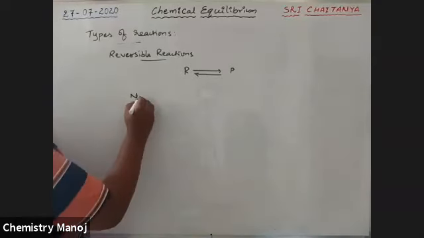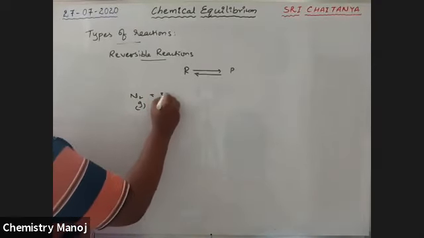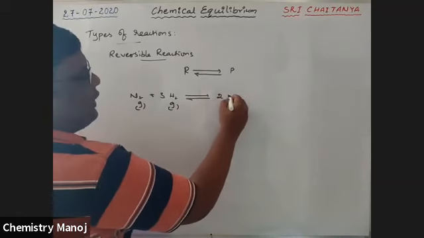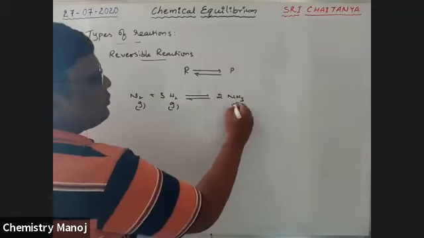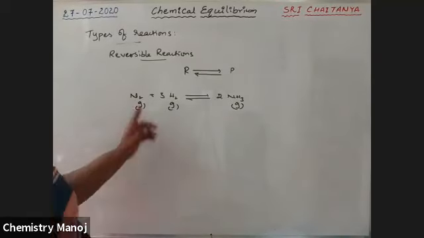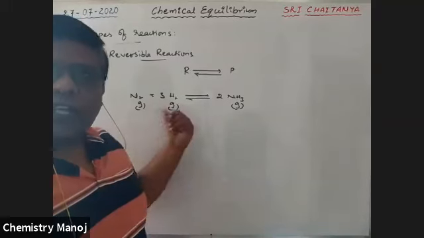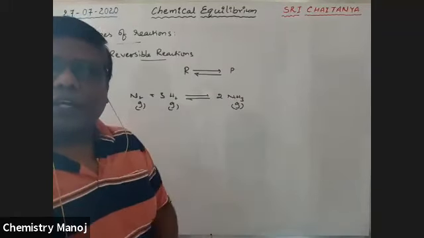N2 gas plus 3H2 gas is reversible with 2NH3 gas. That means when you start with nitrogen and hydrogen, nitrogen reacts with hydrogen and gives ammonia.